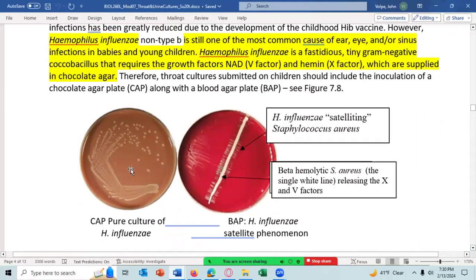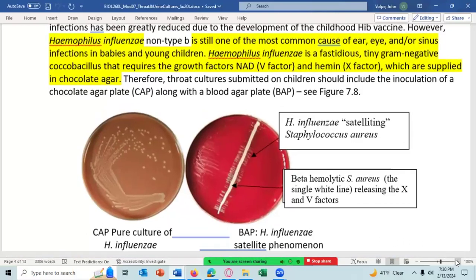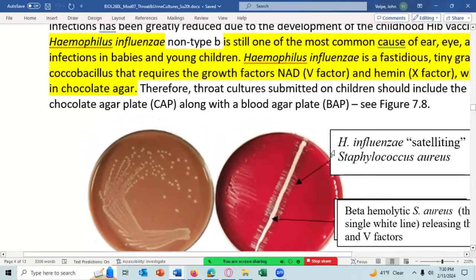into the agar. You can get Haemophilus influenzae to grow on blood agar if you streak Staphylococcus aureus down the blood agar, which is this streak there. I'm not sure why that's a white streak because Staphylococcus aureus is normally yellow, but that streak there is from Staphylococcus aureus.